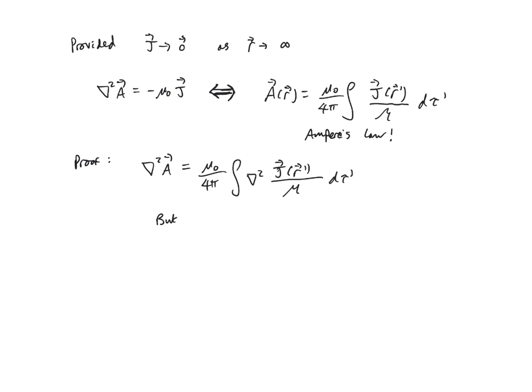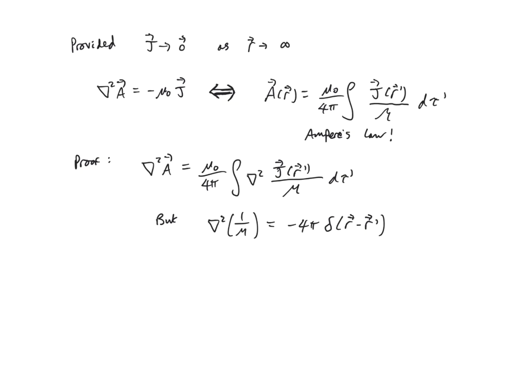But the Laplacian of 1 over script R is a delta function. And so if I plug that delta function into the integral, it collapses, and I end up just with J, which is exactly what I want.